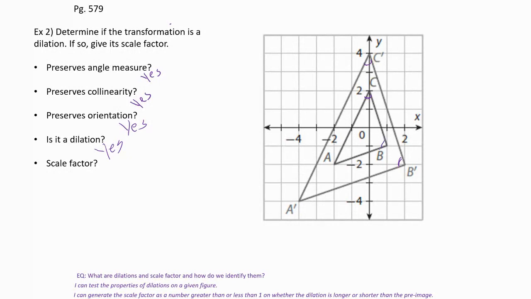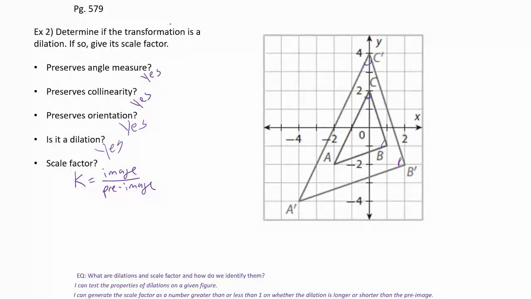And if it's a dilation, then you have to state the scale factor. Before, we stated that the scale factor is always the image over the pre-image, so we have to find K. What we mean by that is if we were given the length of this side, we would start with the length of this side divided by the length of this side.